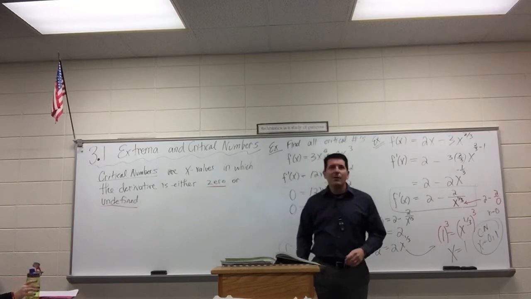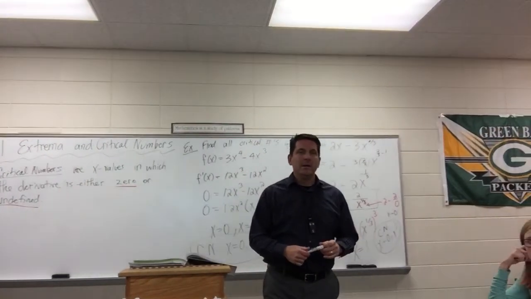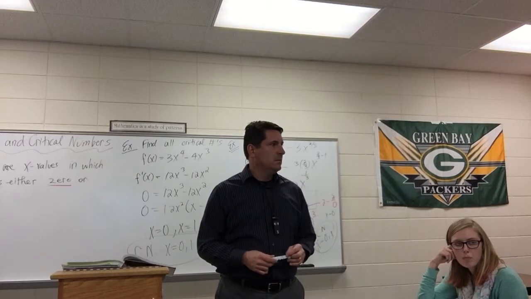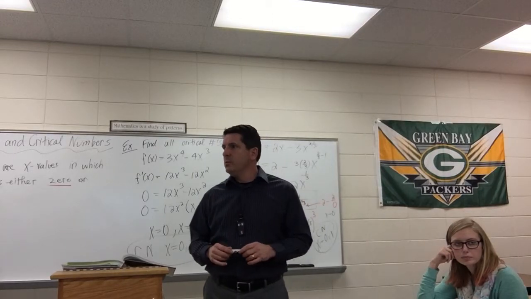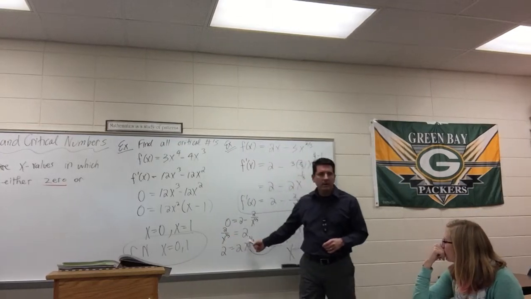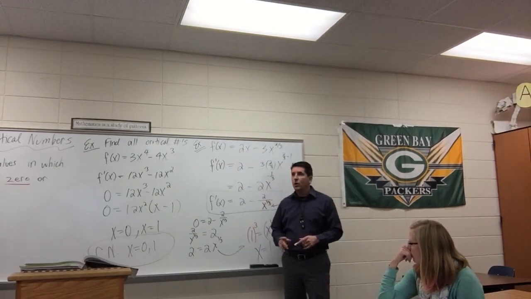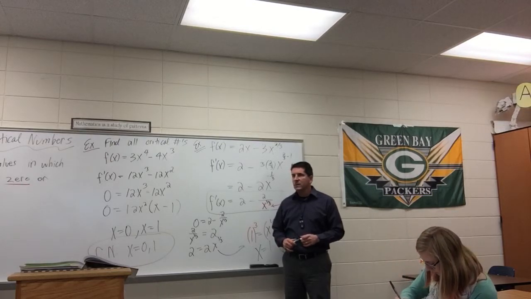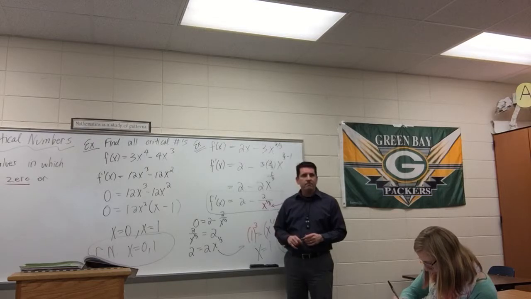Now, what's cool is maximums or minimums, if they are going to occur, always occur at critical numbers. Always. They don't occur at any other time. If you're going to have a maximum or a minimum, it's always going to occur at a critical number.